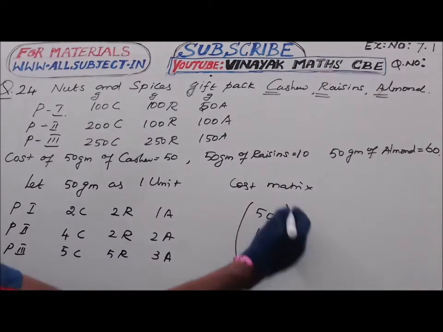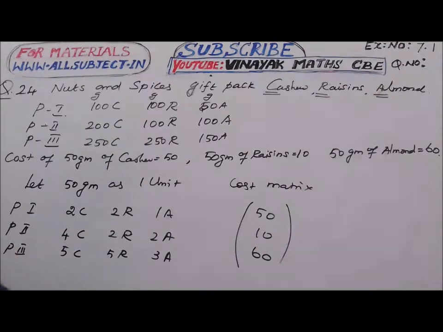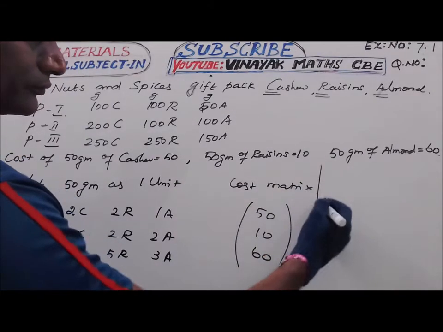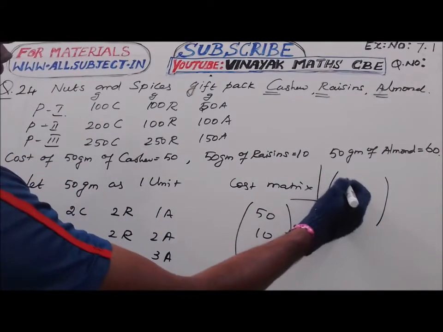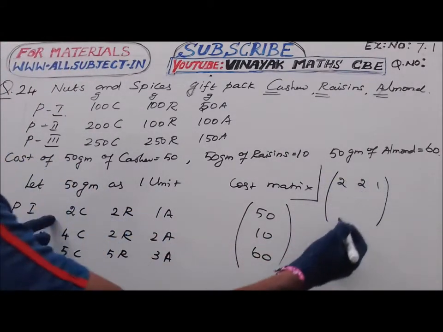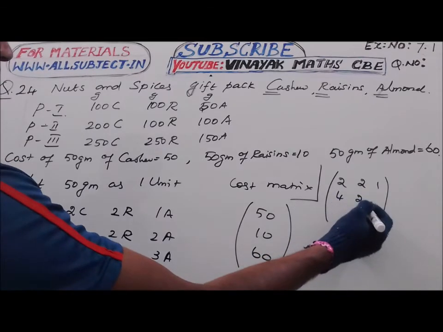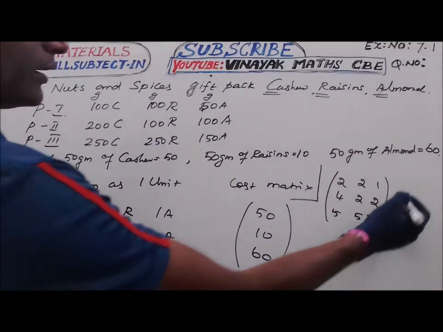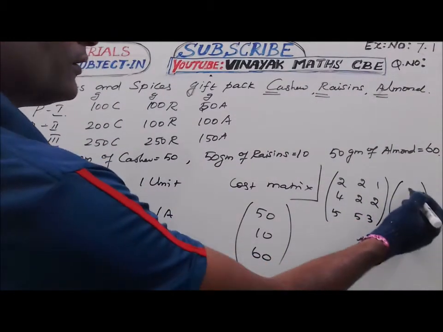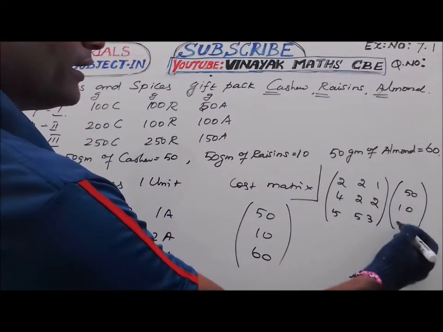Now writing in matrix form, we have 2 2 1, 4 2 2, and 5 5 3, multiplied with the cost 50, 10, 60.